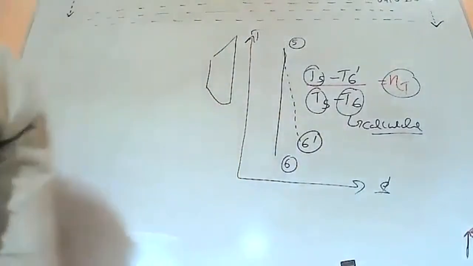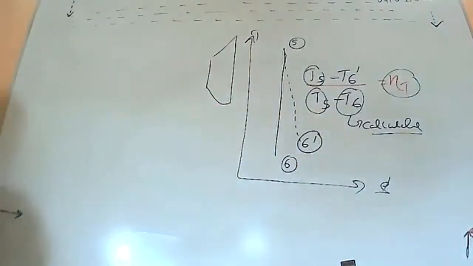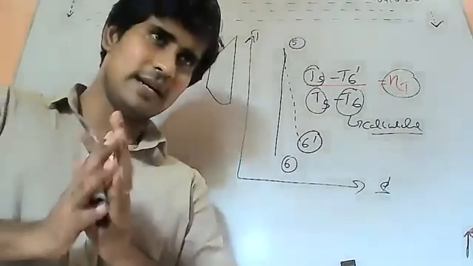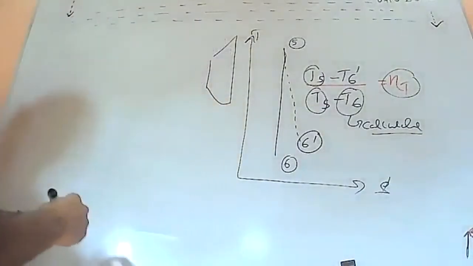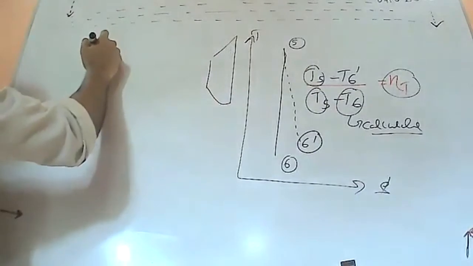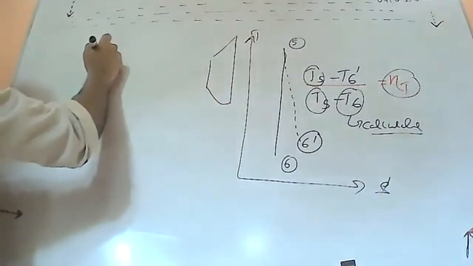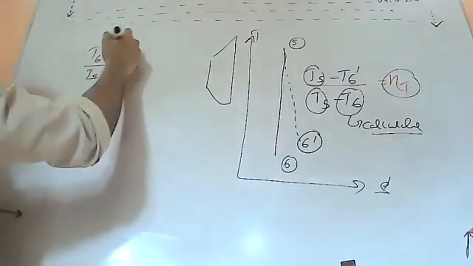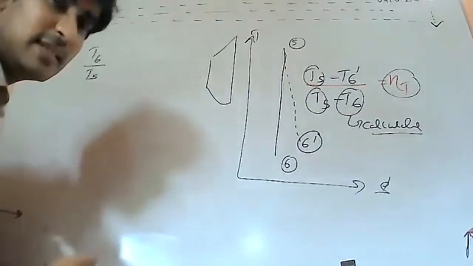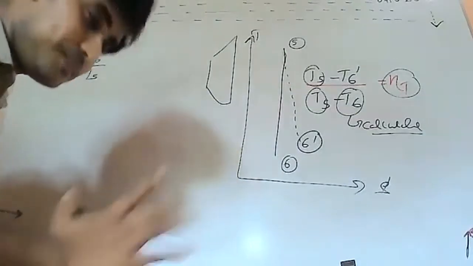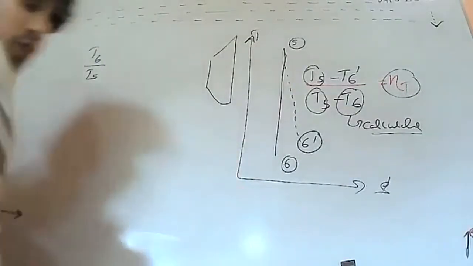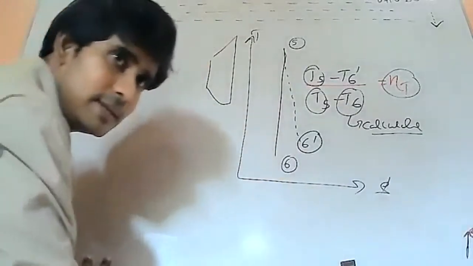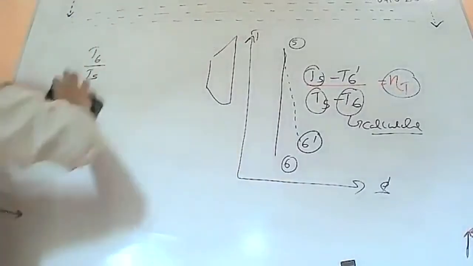Should I write it here? Right. So now again we can write that formula. T6 divided by T5, or you can say T5 divided by T6, it is not a problem, right? I hope the board is clear. Okay.